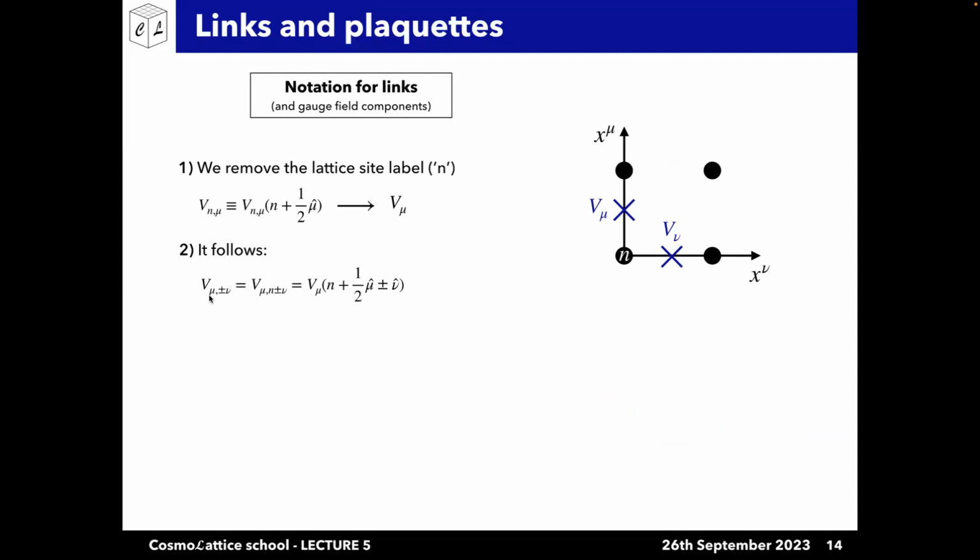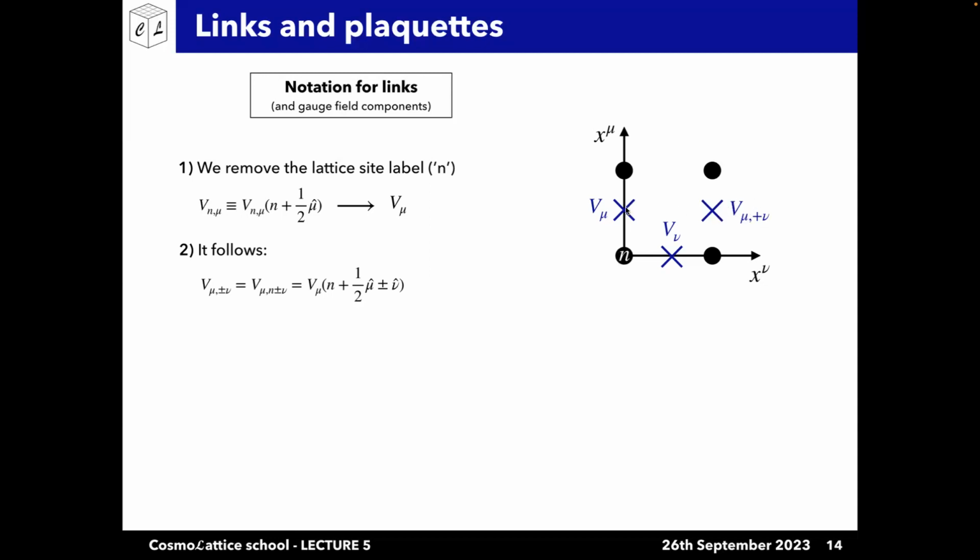Then we are gonna call the links that are displaced with respect to these coordinates, with the plus minus nu notation. So B mu plus minus nu, this is gonna be the link B mu evaluated at n plus 1/2 mu plus minus nu. Okay. So for example, this link is gonna live here.